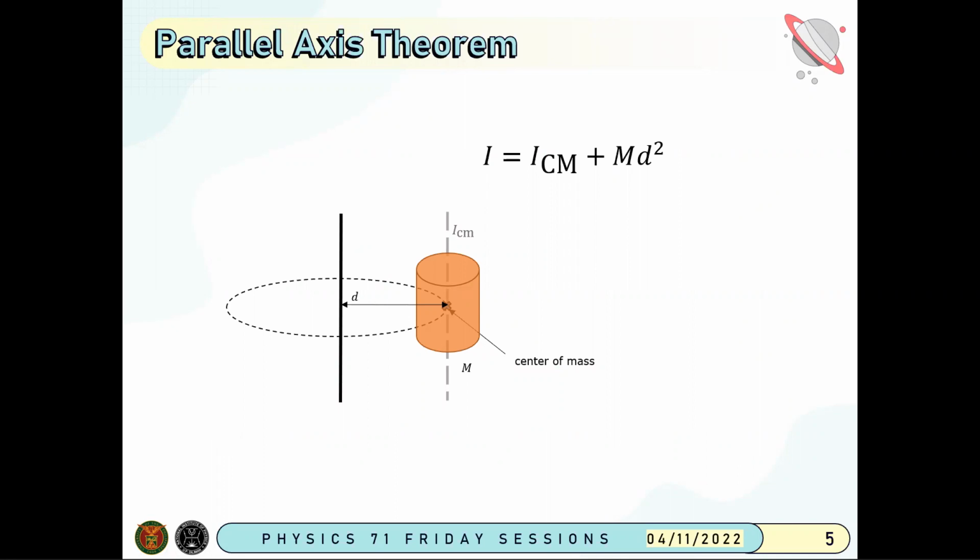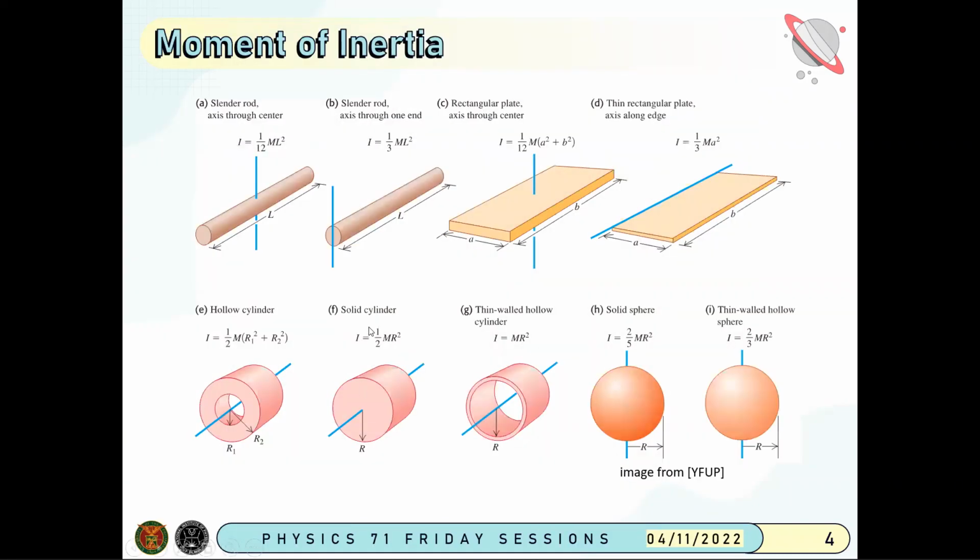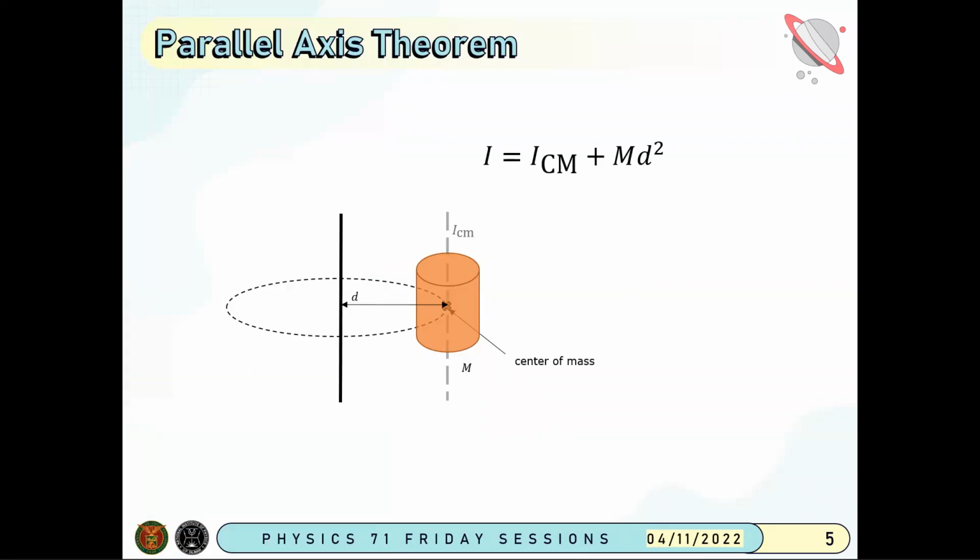So whenever you want to find the moment of inertia from a given center of mass, you can use the parallel axis theorem. For example, we have this solid cylinder. Okay. Alam natin from the slide before, kung solid cylinder, kung ang axis ay nasa gitna, ang moment of inertia niya is 1/2 mr squared.